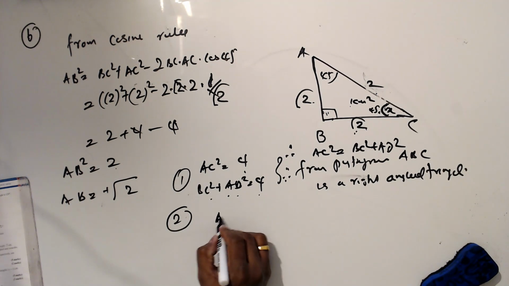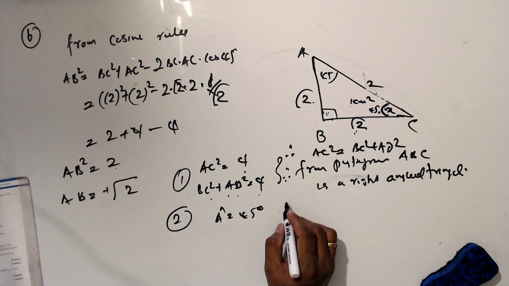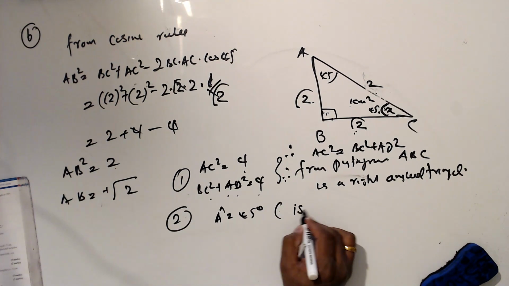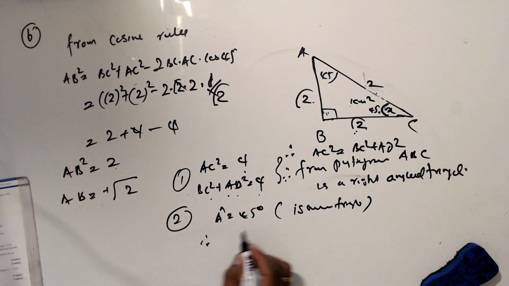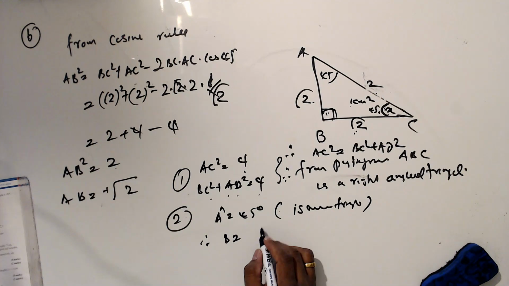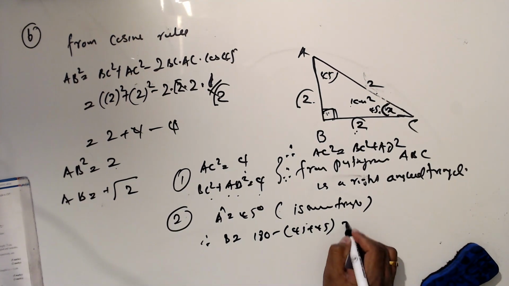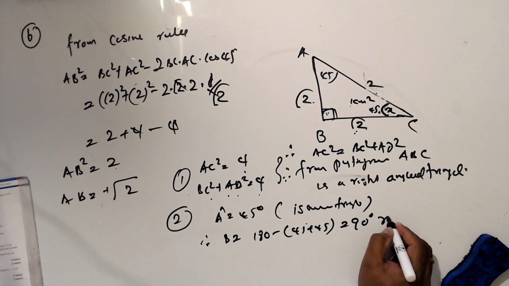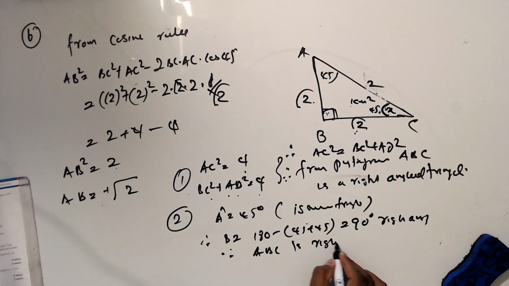Or angle A is 45. Isosceles triangle. Hence, B is this one. B is 180 minus 45 plus 45 equal 90, right angle. Hence, ABC is a right angled triangle.